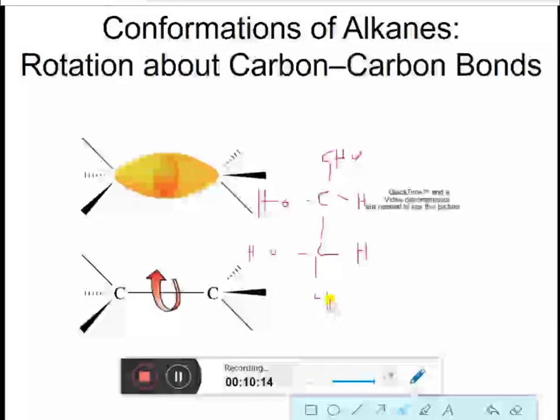So for instance, if I am going to bring about a change in the configuration at only one position, for instance, I am just changing this H, right? Changing the configuration at only one side. I mean, I'm shifting this H to here and this OH to here.